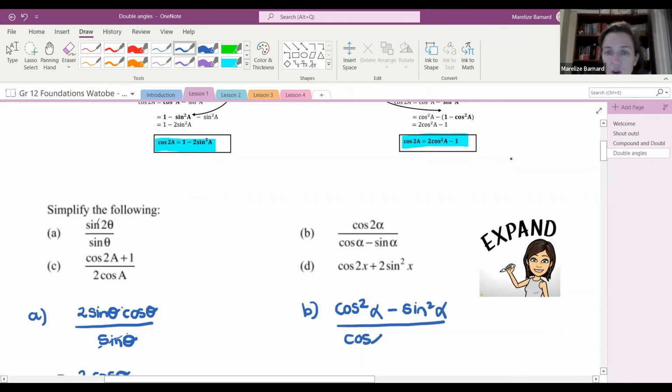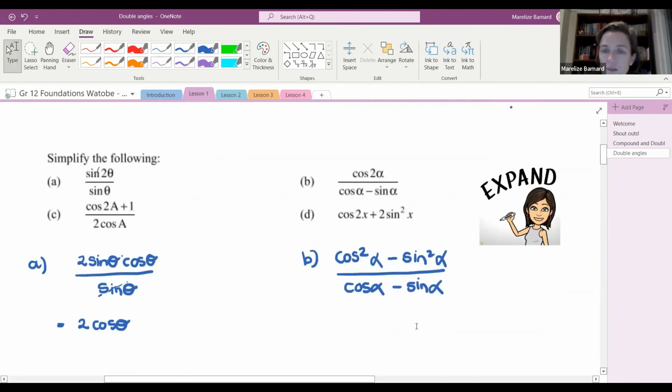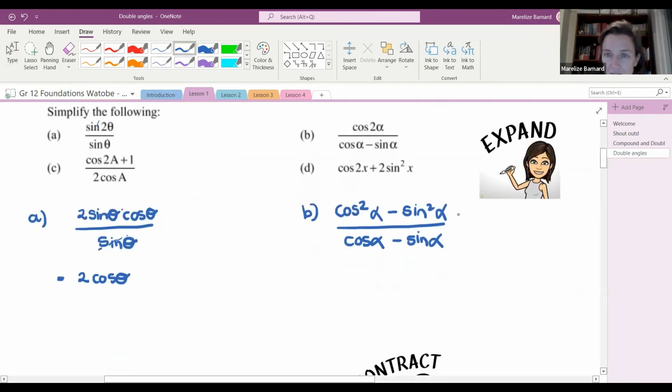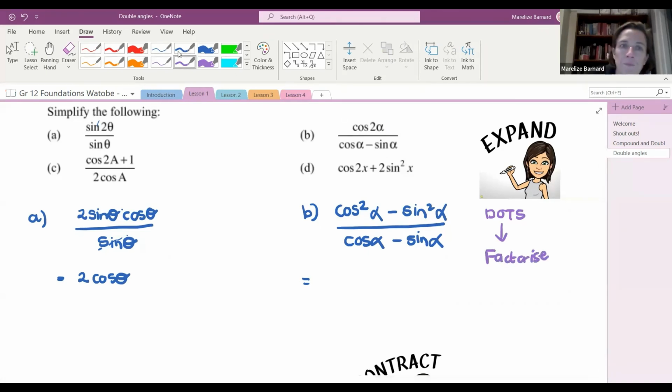Now, how are we going to go further from here? Well, we need to factorize this. Cos squared alpha minus sine squared alpha is a difference of two squares. Difference of two squares. So we can factorize it. Okay, so cos alpha minus sine alpha.